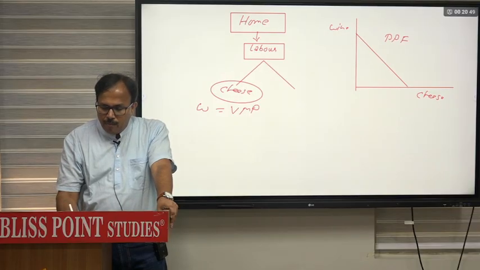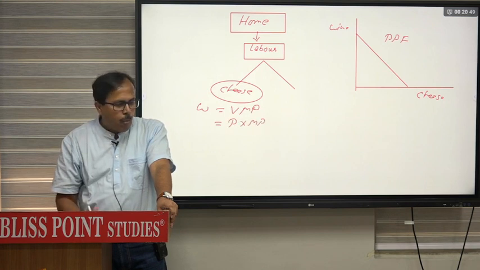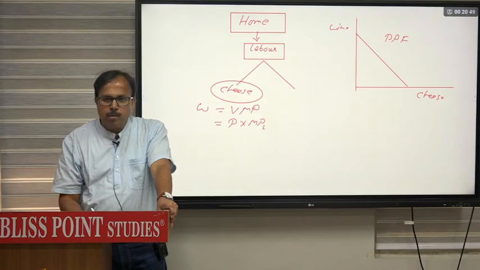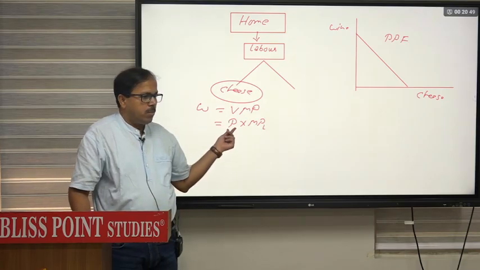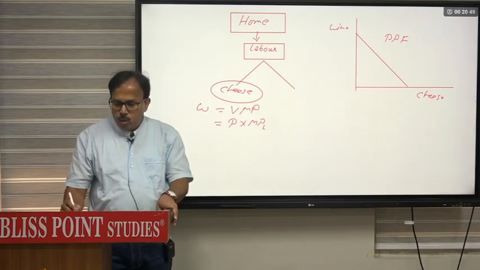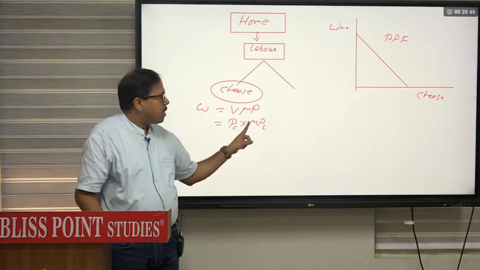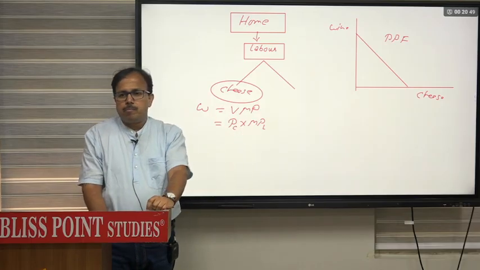But if I say value of marginal product, that means price multiplied by the marginal product of labor. Price into marginal product of labor. Price of what? Price of the product. Product is here cheese. So I write price of cheese. In place of marginal product of labor, what you can write?